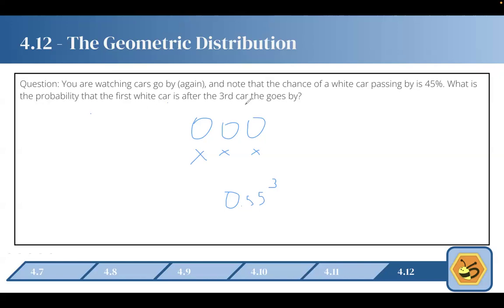Okay, let me put it this way. Instead of specifically saying we're looking at the third car, we're looking for anything after the third car, right? So if we reverse that, complement it, and say 1 minus everything but the third car, then that would make it cumulative.